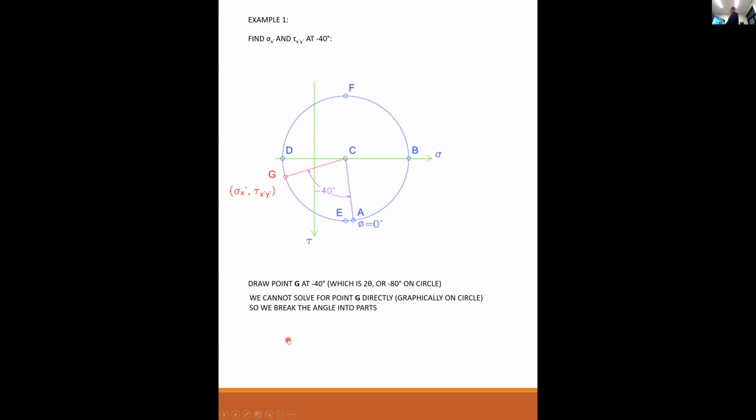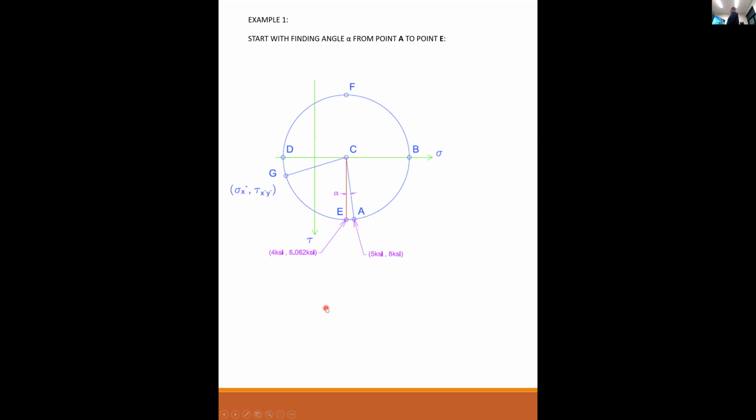We cannot solve for point G directly, graphically on the circle, so we're going to break the angle into parts. The reason we can't solve it directly is I don't know where this reference angle really is with regards to the circle. How many degrees away is A from E? I don't know that yet. So we need to get some triangles in here, and then we can figure out where G is.